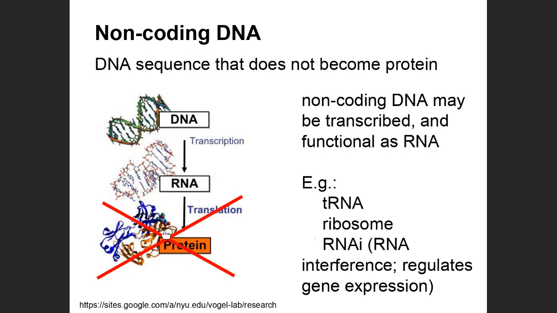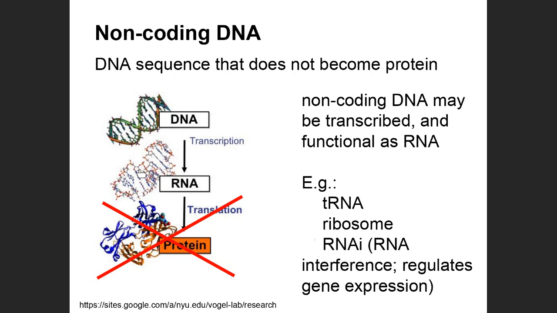There are molecules that are active as RNA. Here are examples, tRNA and the ribosome. And there's something you might hear in other classes, called RNAi. This just means that sometimes you make RNA that is an mRNA, but that mRNA gets degraded before it becomes protein.